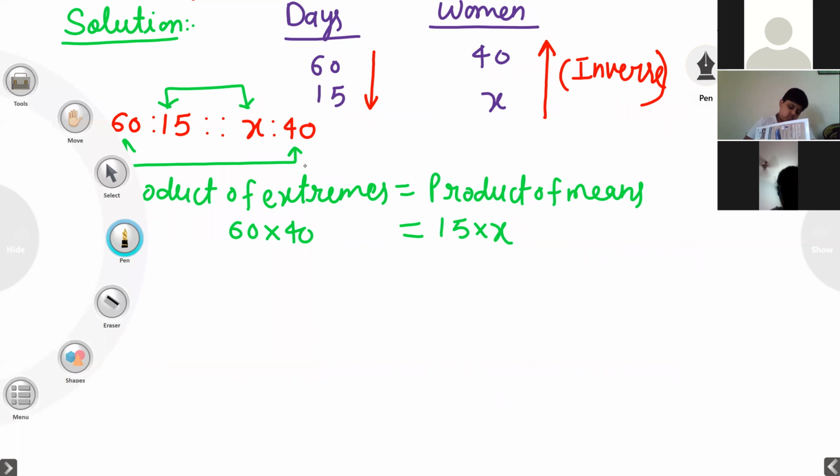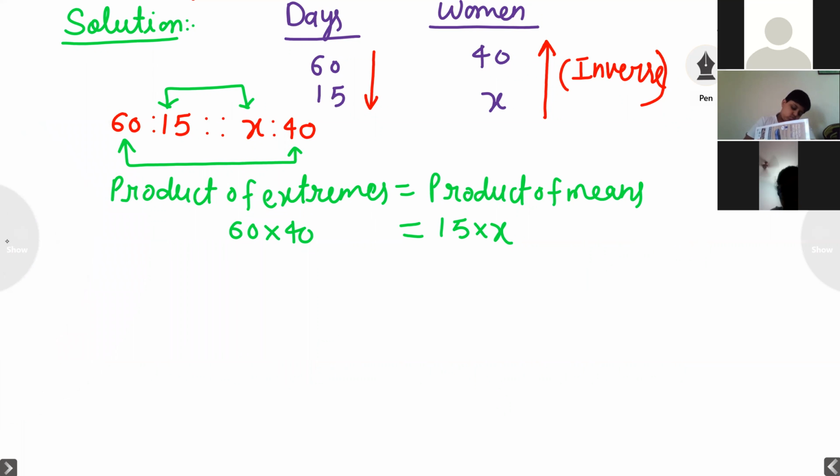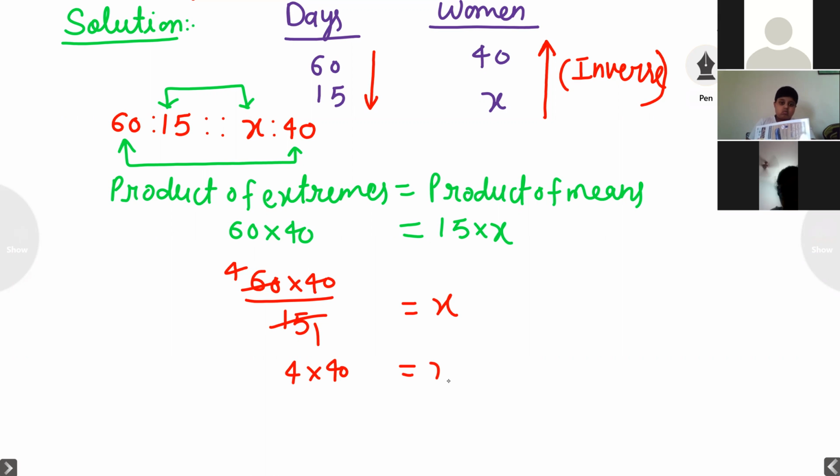How to find the value of x? 15 into x: multiplication becomes division. 60 into 40 divided by 15 is equal to x. 15 ones are 15, 15 fours are 60. 4 into 40 is equal to x.